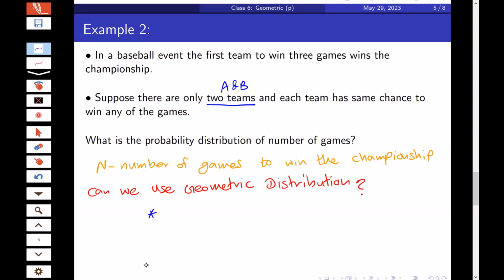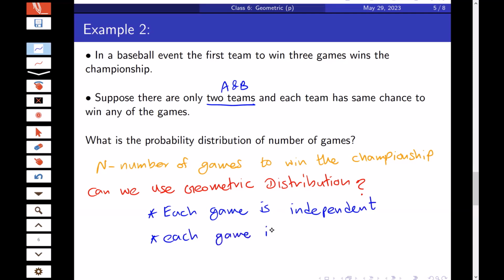So the first point, each game is played independently, that's of course. And each game is a binary trial, either win or loss.